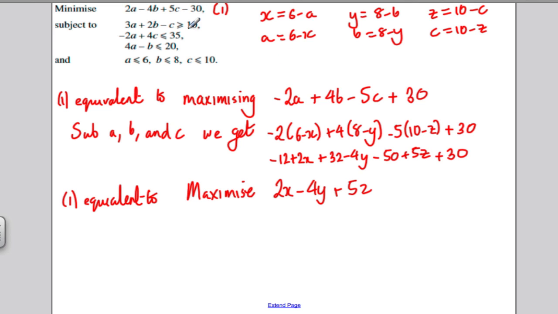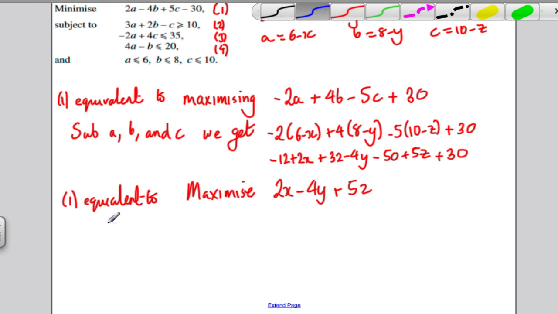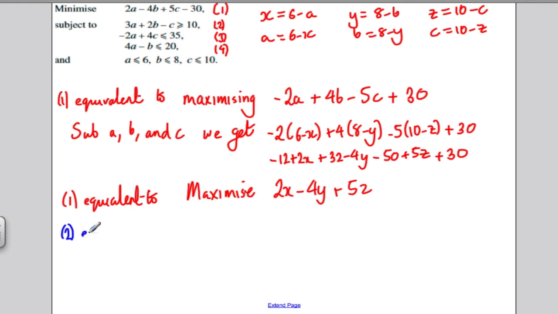And I'm afraid we just have to go through by showing line 2, line 3 and line 4 turn out to be equivalent to what they ask us to in the question. So I'll change pens just to show the difference. So 2 is equivalent to, just before, I want this to be a less than or equal to inequality, so I want my variables to be on this side of the inequality here.